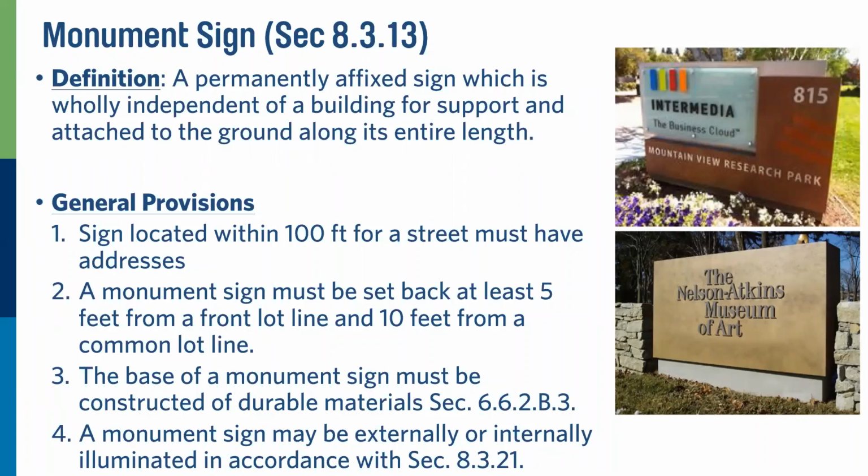The base must be constructed of durable materials because this is sitting on the ground. You can't have something that's going to rot or erode because of Mother Nature. So if you try to make a sign out of wood, it better be pressure treated or cedar or something like that so that it doesn't deteriorate. Stucco or EIFS is not allowed. You have to keep that above. So this sign right here is probably a stucco sign.